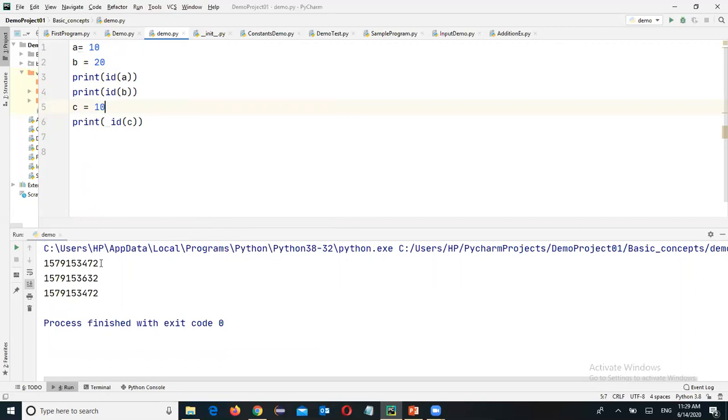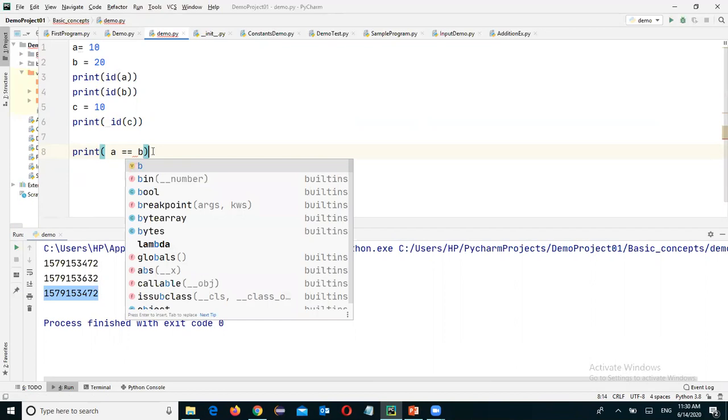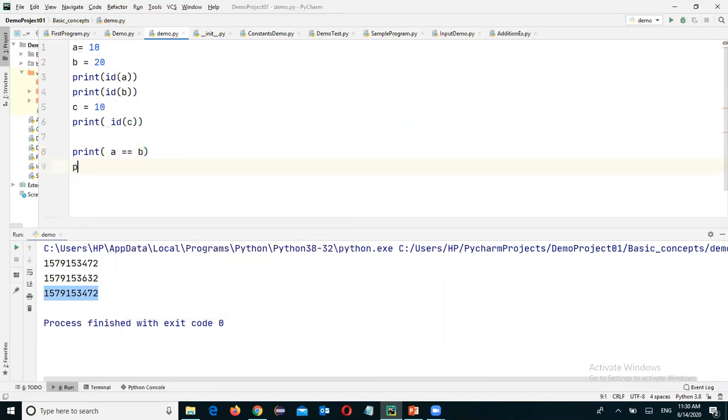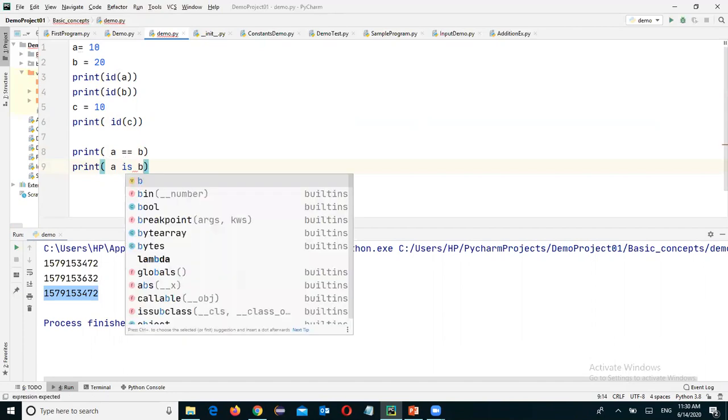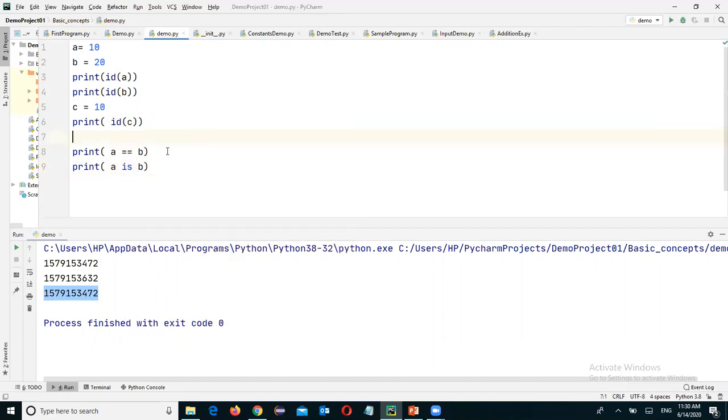If you observe, a's memory location and c's memory location are the same, I am referring to the same memory. Now both are of the same memory. So I want to compare, print a equal to b. That is for value comparison purpose. If I use print a is b, that is for memory comparison purpose.